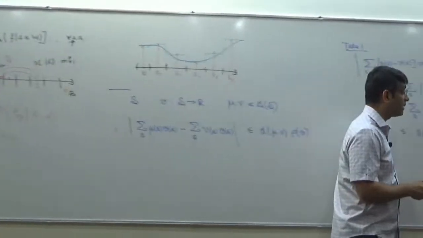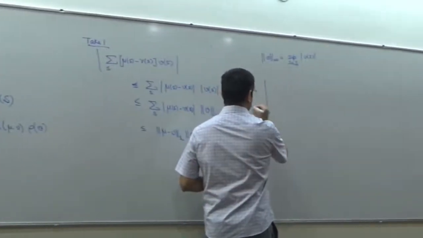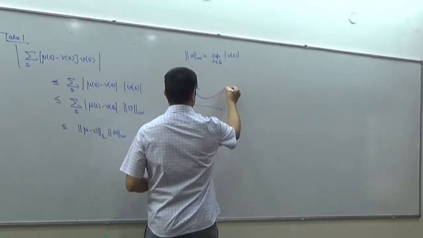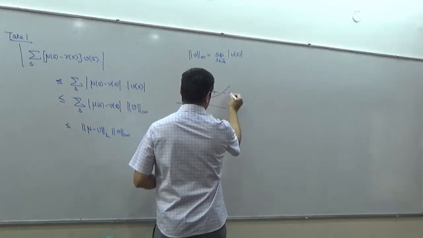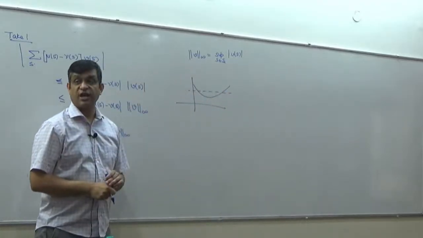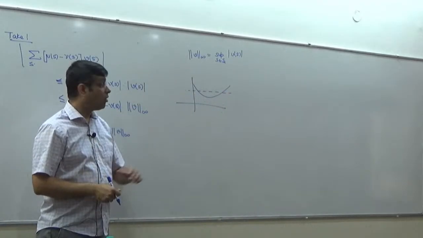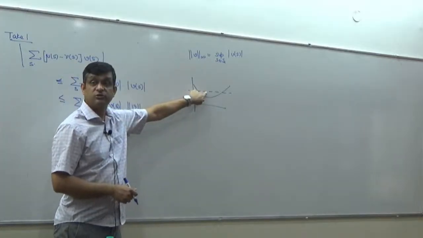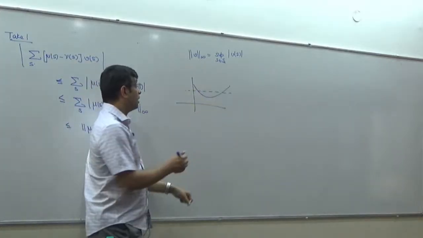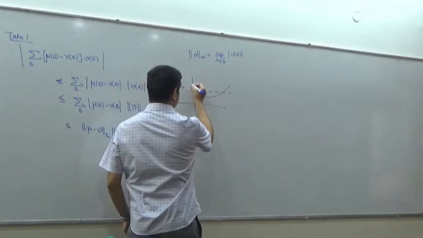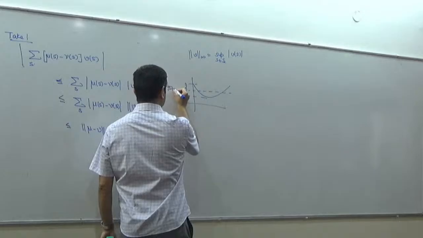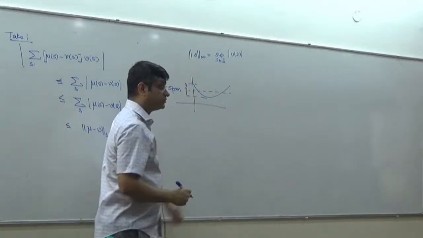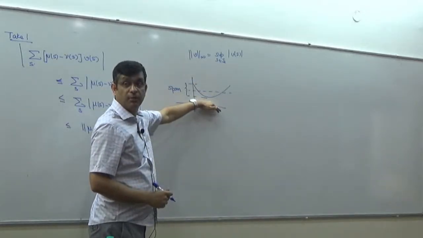Okay. I can add any constant to make sure that this function becomes centered, and in that case what I'll have is not the sup norm of the function. So, suppose I had a function which was like this. I'm going to move the function so that the 0 becomes this dashed line, and now I look at the sup norm with respect to this dashed line. An equivalent way of representing that is I can say this quantity is known as the span of the function. This is the maximum minus the minimum of the function.